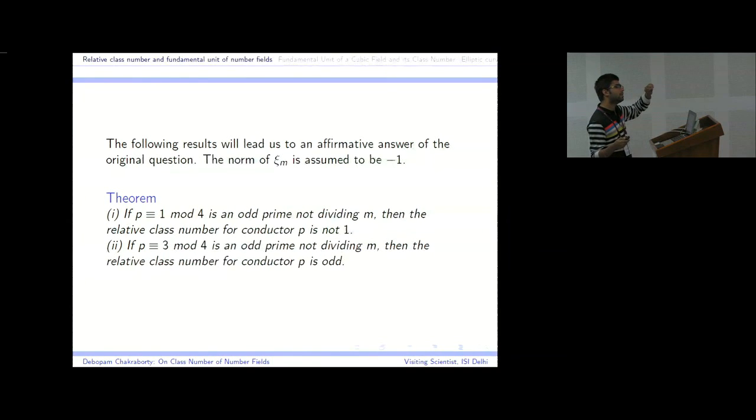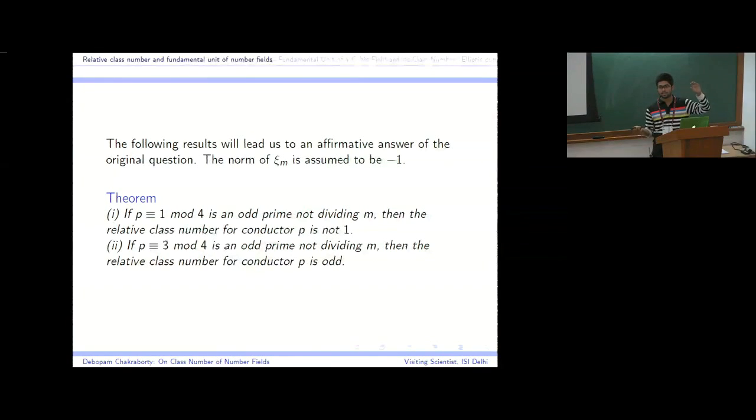So if the numerator is 2 or 4, and you already have that result that for P equivalent to 3 mod 4 the value is odd, the only possibility is that it has to be 1. Because if you have on the left hand side a fraction whose numerator is 2 or 4, and on the right hand side you know the value is odd, the only possibility is that the left hand side is 1.